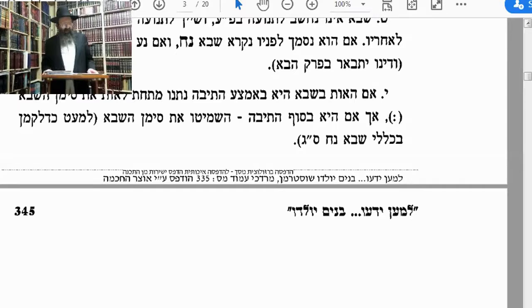Okay. Let's do the last piece and then we'll stop for today's lesson. Im ha'ois b'shvo, hi be'emtza ha'tevo. Nosnu mitachas le'ois es siman ha'shvo. In the word Yitzchak, under the tzaddik, there's a shvo. There's the double dot. Ach im hi besoif ha'tevo, if it's at the end, like in the word Yitzchak, under the kuf, the kuf is just the same shvo as the tzaddik, but it doesn't have the dots.